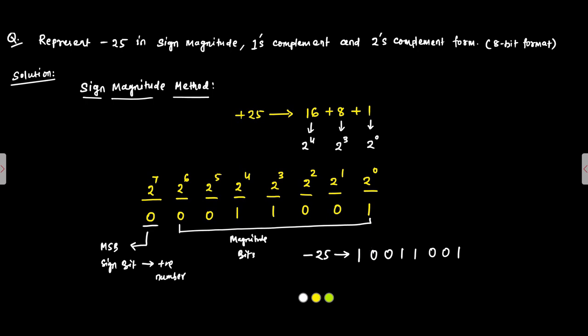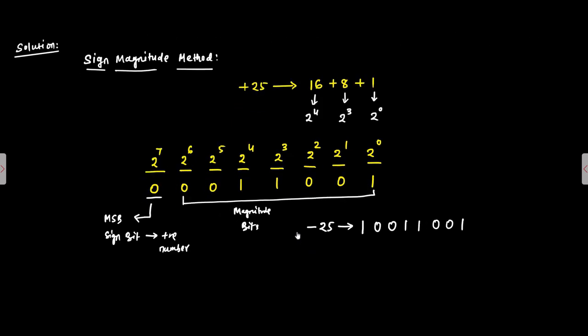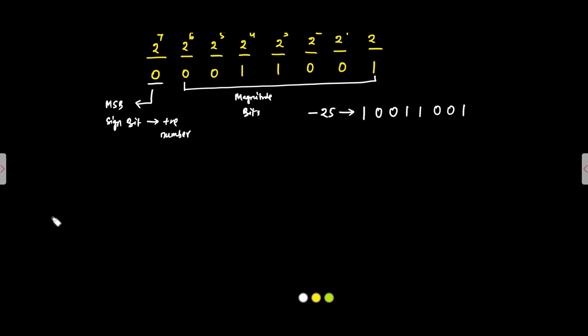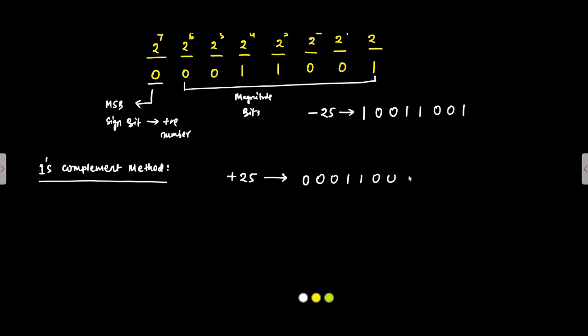Next is 1s complement. In the 1s complement method, plus 25 is represented in the same way as in sign magnitude, that is 0 0 0 1 1 0 0 1.